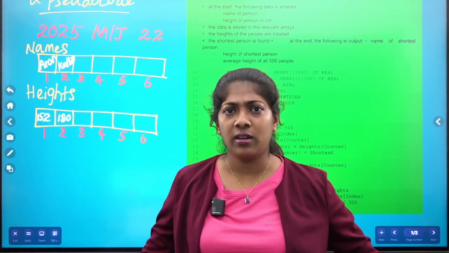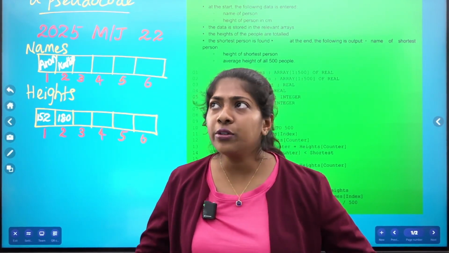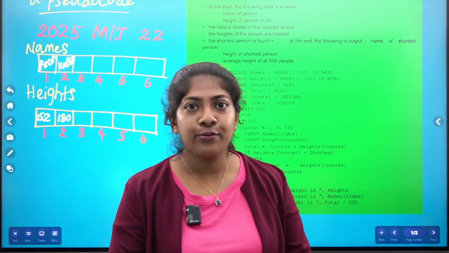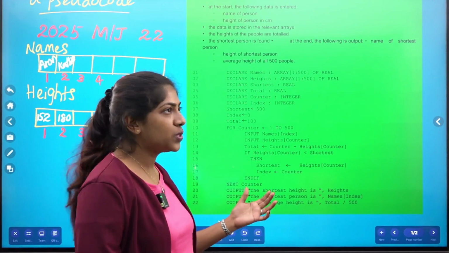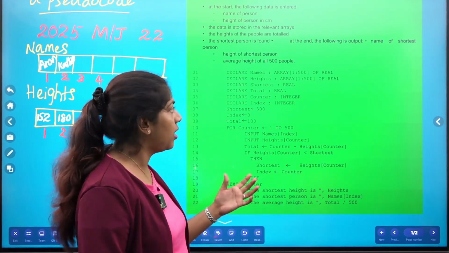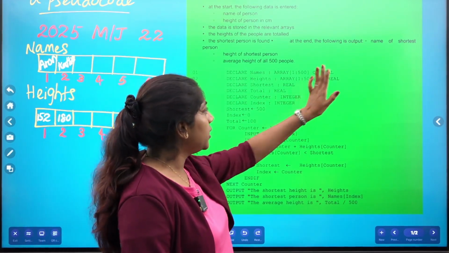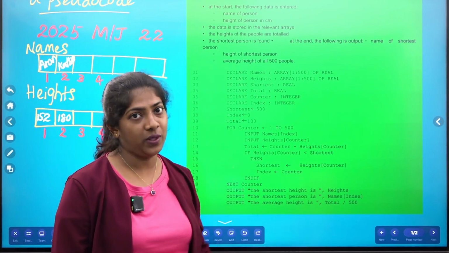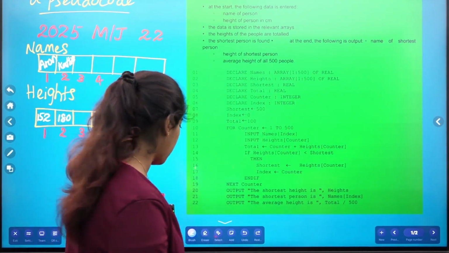No. For what do we use real? For numbers with decimal points, right? Can we store names in a real data type array? No. So this is wrong.